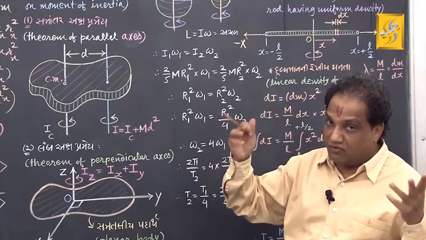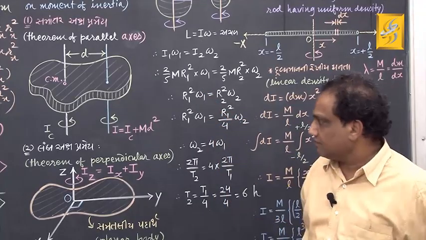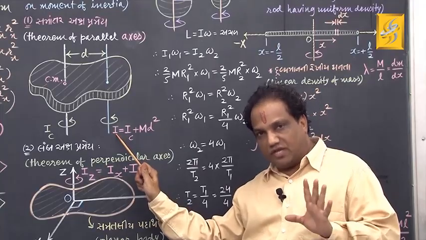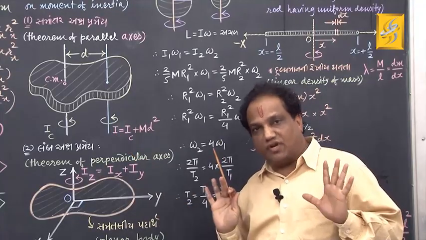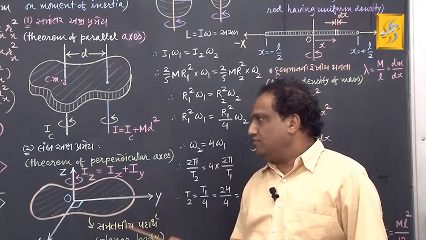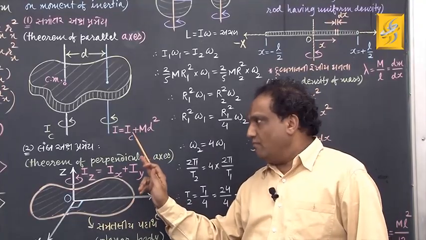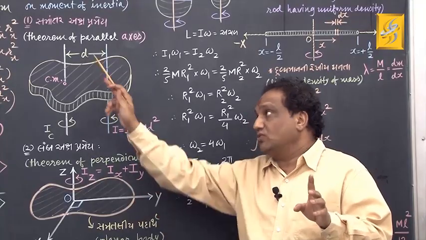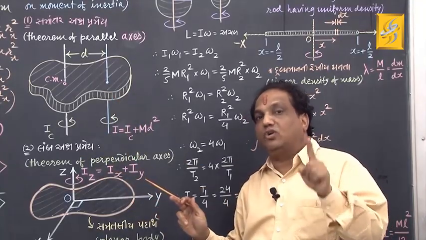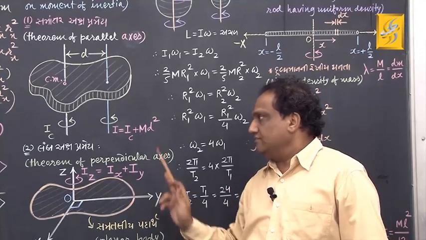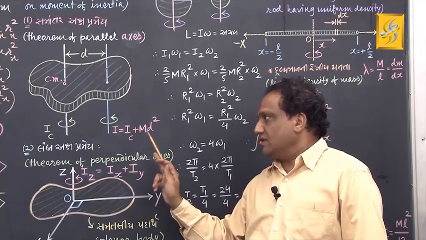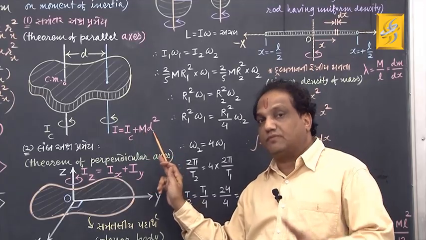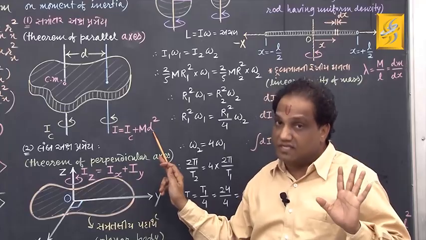How would you give the statement in words? Moment of inertia of a given rigid body about a given axis of rotation is equal to the summation of the moment of inertia of that rigid body about an axis passing through the center of mass and parallel to the previous axis, and the product of the total mass of that body and the square of the perpendicular distance between those two parallel axes.